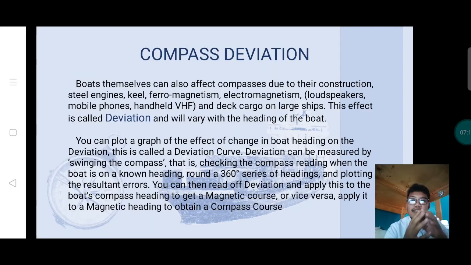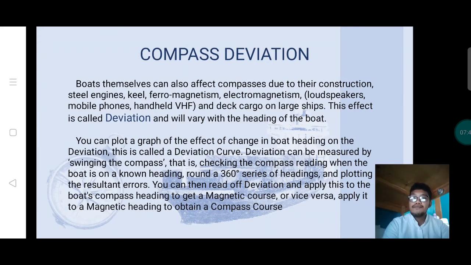So it is the same inside a boat. A vessel is made up of metal, and it has engines, it has speakers, it has VHF. All of those equipment produce friction. That is why the deviation is present on a vessel and will always affect the use of the magnetic compass.